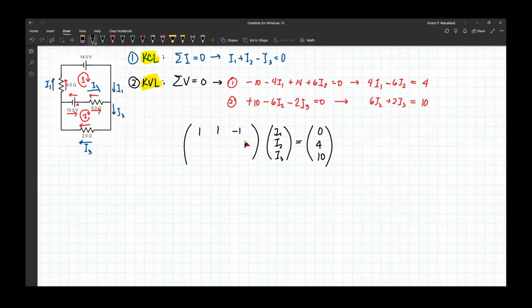So the second row would be 4, negative 6, 0. The third row would be 0, 6, and 2. Okay? So this will be our matrix.